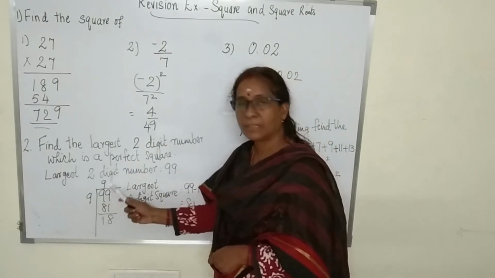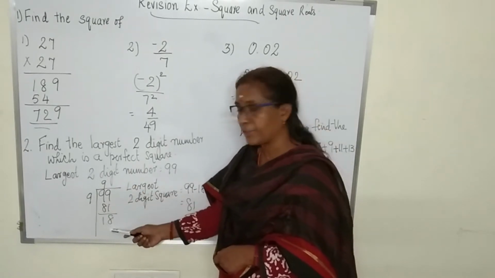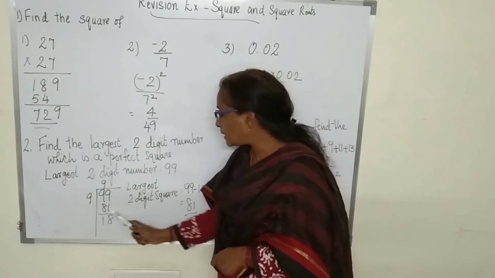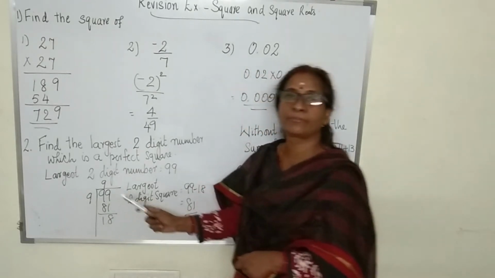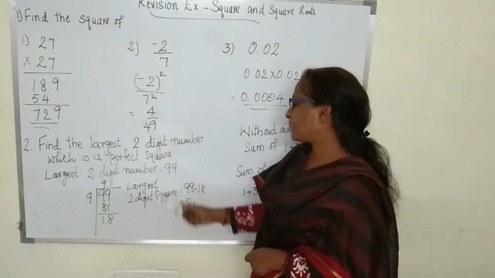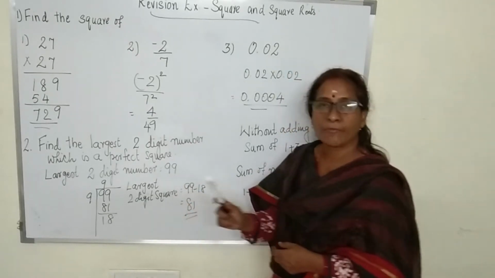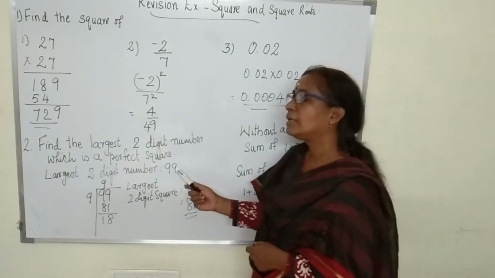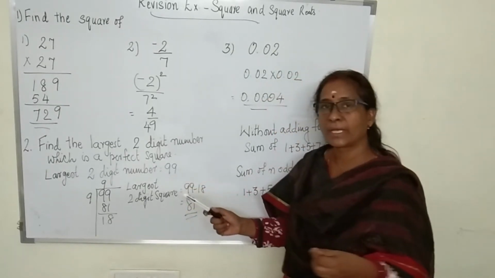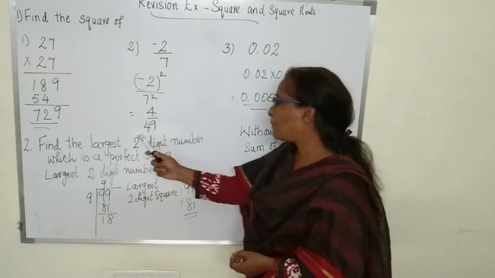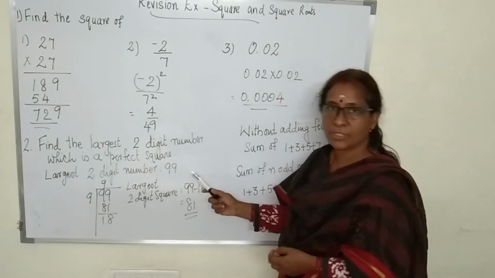So you may get a whole number with some remainder. Whatever the remainder is, you have to subtract it from the number to get a perfect square. If it is 2-digit, you write the largest 2-digit number. If it is 3-digit, you write the 3-digit number, which is 999. So depending upon the digits, you can make changes here.